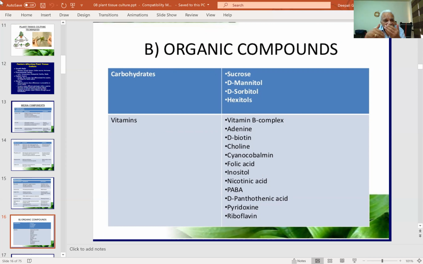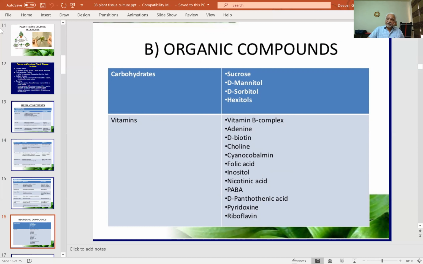But as a variant, other carbon sources have also been tried, which you will see in different papers: mannitol, sorbitol, and hexitols. These are other complex carbon sources which have been tried and successfully used.